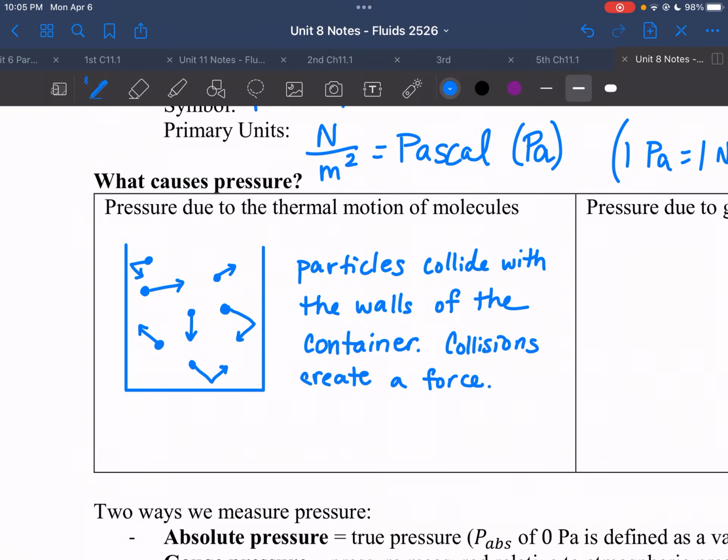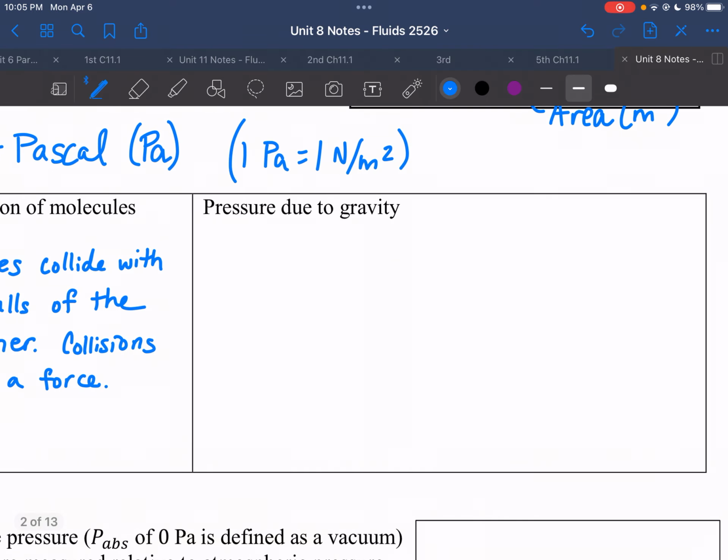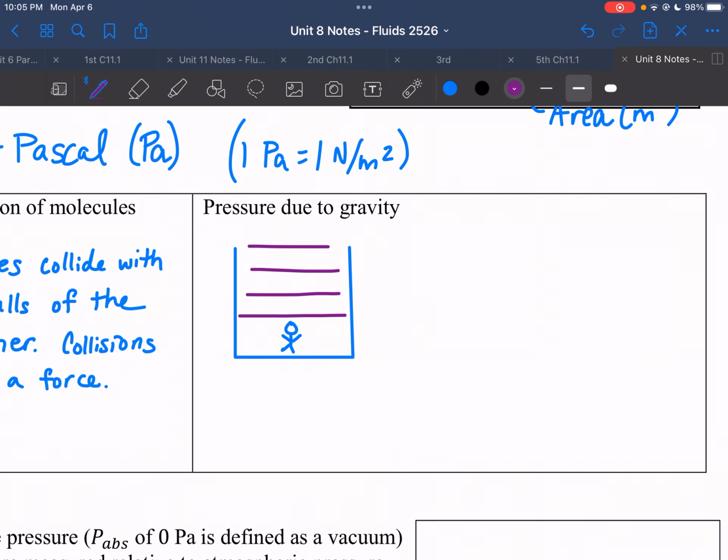The second thing you can do to think about pressure is to think about it due to gravity. Now what this means is that if you are in some fluid, above you are these layers and layers and layers of fluid.